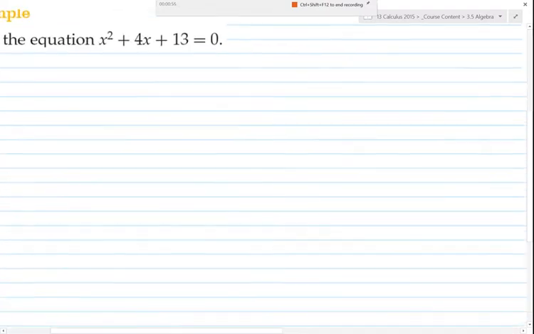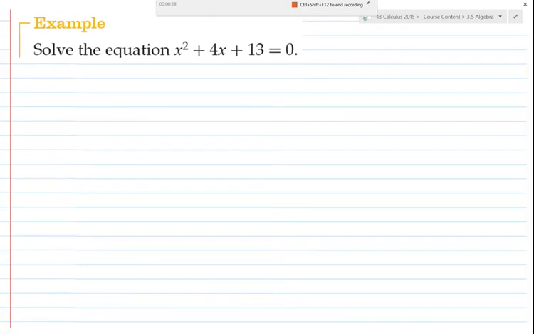So with this first question, before we even answer it, what we should be thinking is that we should have 2 possible answers. Now we're not going to be able to factorize this, and so we're going to complete the square. So we'll have (x plus 2) squared, and then we'll have to subtract 4, and we've still got that plus 13 there.